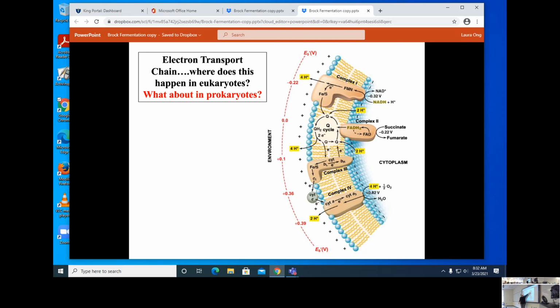They're still named in order complex 1, 2, 3, 4, but they have a little bit different shape and identity than the eukaryotic ones. And I'll have you learn their names for the prokaryotes, but it's a similar concept. Each one of these transmembrane proteins is passing electrons one to another, and you still have a quinone here. So you can circle this Q and say that that's a quinone, and you still have a cytochrome here, like eukaryotes do.